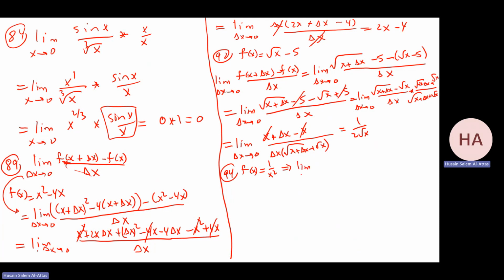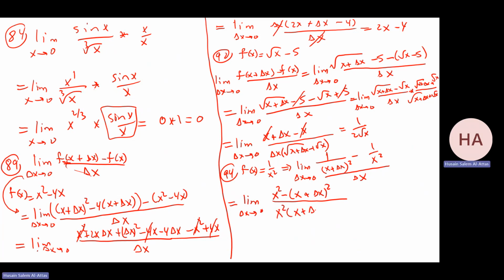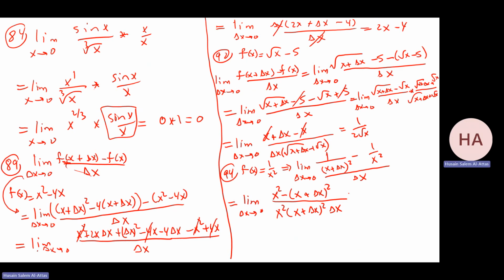Limit delta x goes to 0 of 1 over x plus delta x all squared minus 1 over x squared over delta x. That's simply limit delta x goes to 0. The common denominator here gives x squared minus x plus delta x squared, times x squared times x plus delta x squared times delta x. On top, open the brackets: x squared plus 2x delta x plus delta x squared cancelled. Or I could do it in 2 steps, no problem.